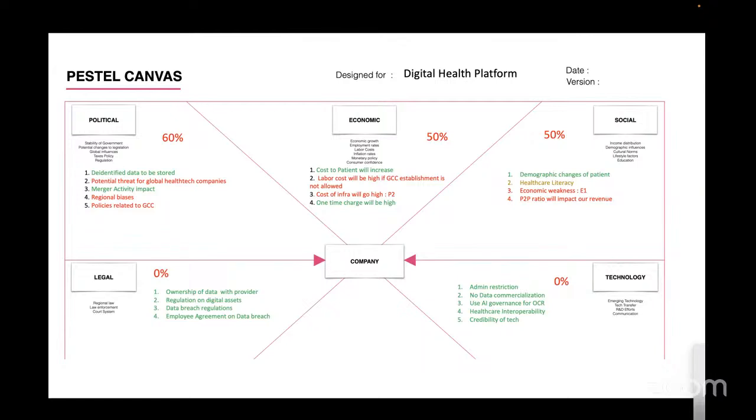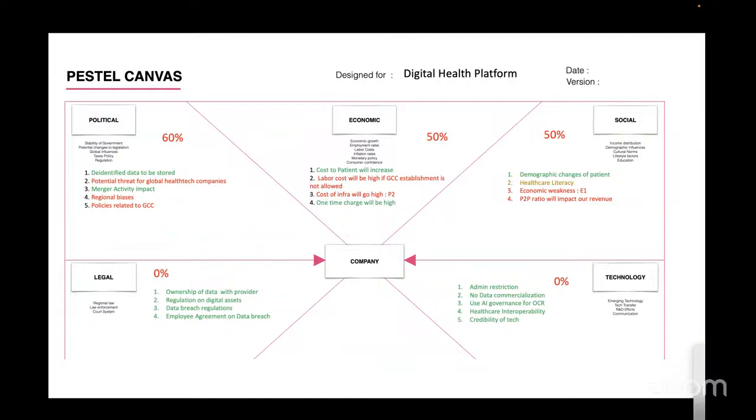And because of that, there are certain turbulences that the companies do face. For example, the labor cost will go high if the GCC establishment is not proper. In the US, the pay parity is much higher. So if you don't establish the GCC in other countries, not only in India, but Mexico is also a good place to establish a GCC, and there are other countries too.